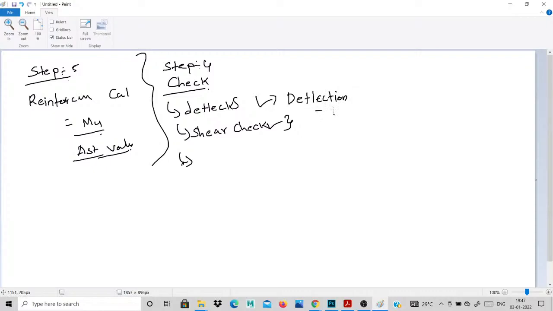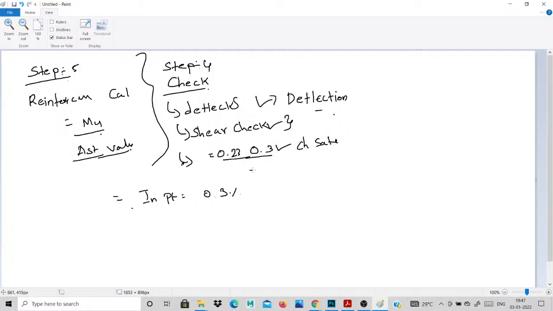How to check these deflection values? First of all, you start by assuming some values. Initially you assume the pt percentage value, 0.3 percent. You check for deflection: the assumption value is 0.3, but the actual value is 0.23. So the deflection check is safe.